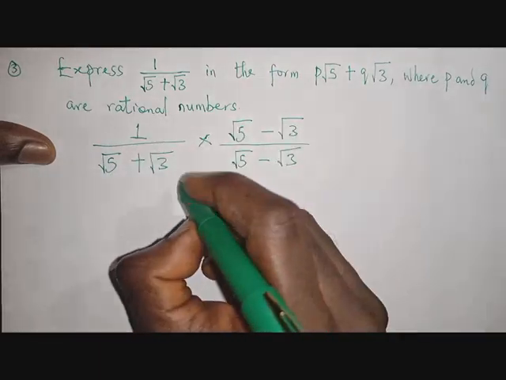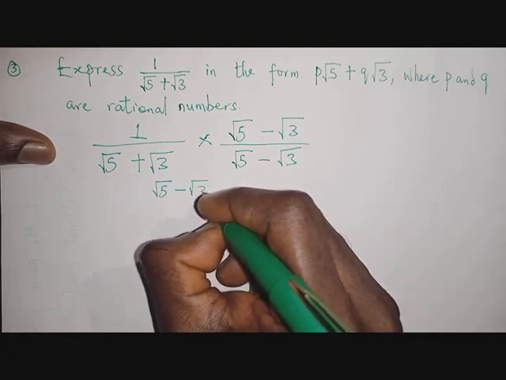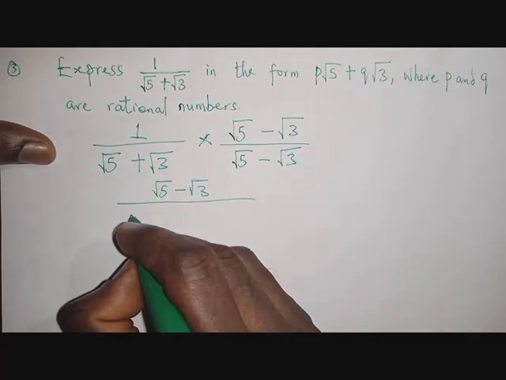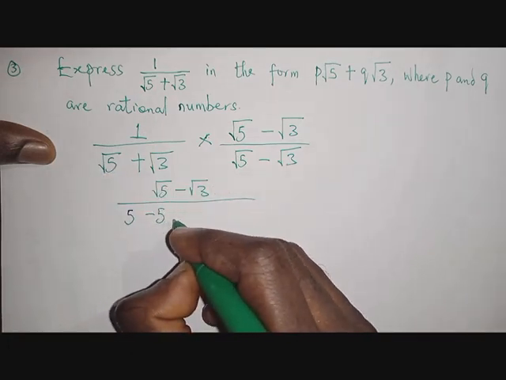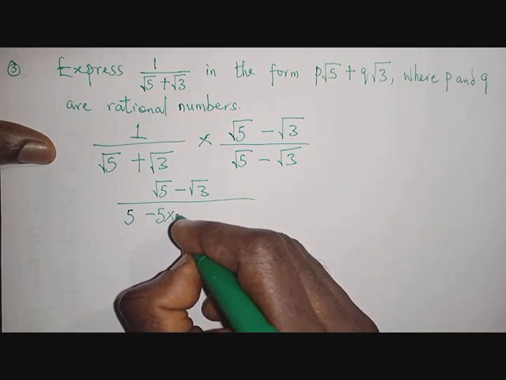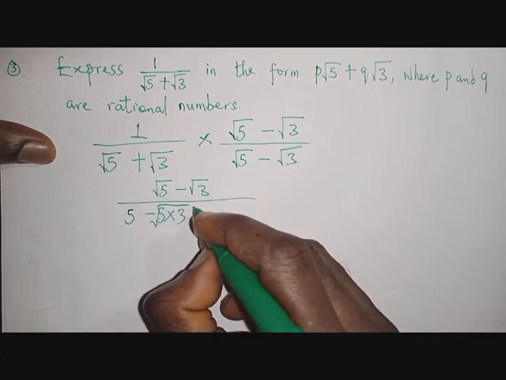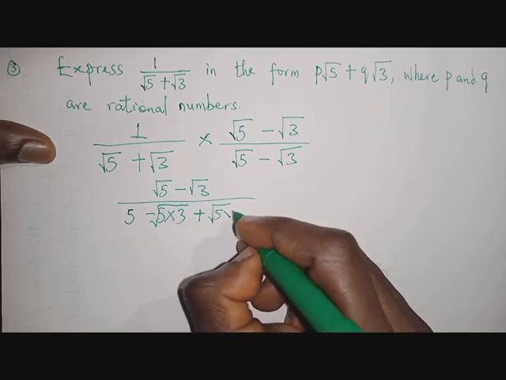So this times this, everything at the top is simply going to be root 5 minus root 3. Then under this times this is going to be 5. This times this gives 5 times 3, which is root 15, while this is also going to be plus root 15.